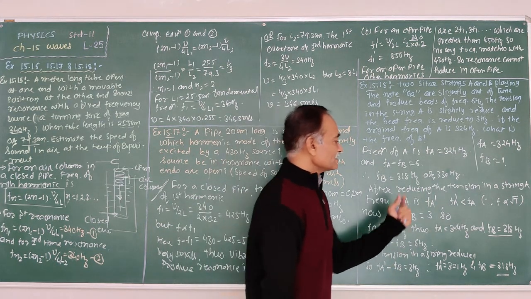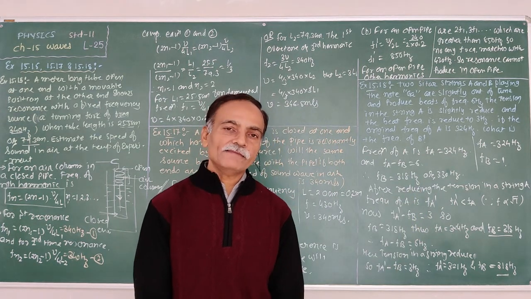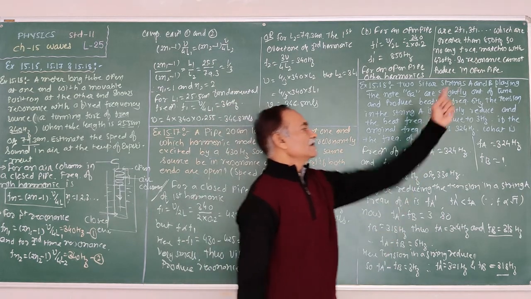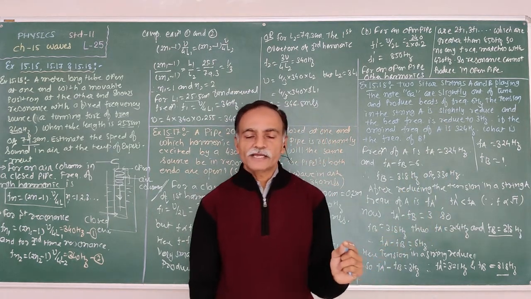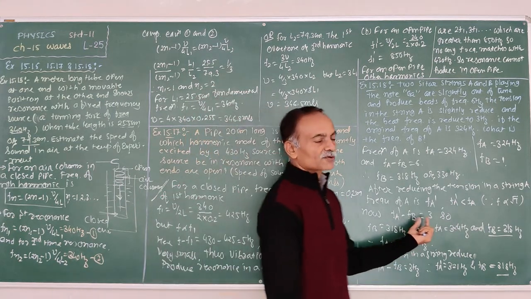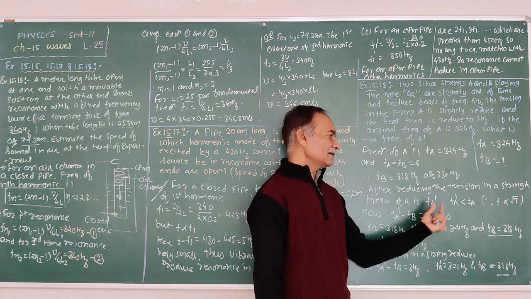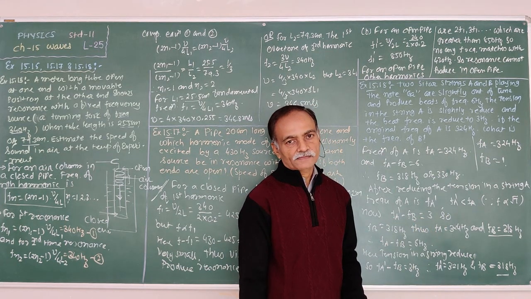If we consider FB equal to 330 Hz, the initial beat is possible, but after reducing the tension in string A, 3 beats is not possible. Therefore, the frequency of B must be 318 Hz.